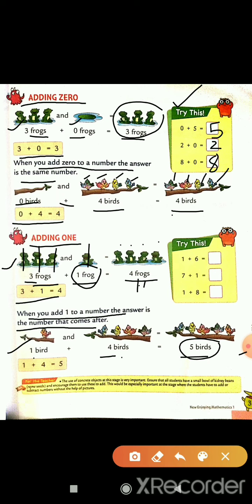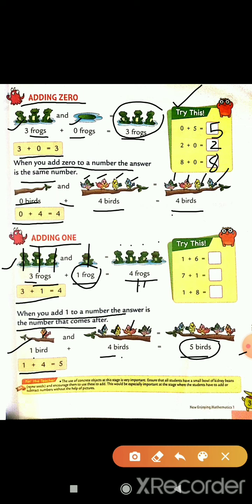If you want to check whether the answer is 5 or not, you can also count them. 1, 2, 3, 4 and 5. Same, right? So, when you add 1 to any number, the answer is the number that comes after.